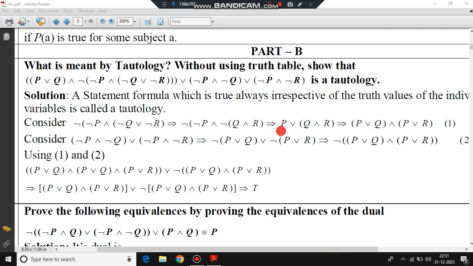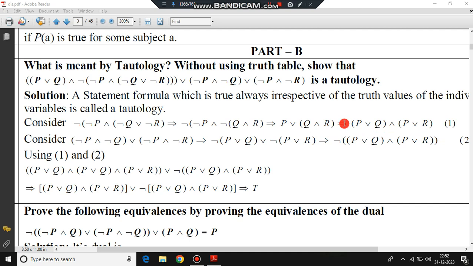You will get P or (Q and R). Now we are applying the distributive law: (P or Q) and (P or R). I am taking this as equation number 1.